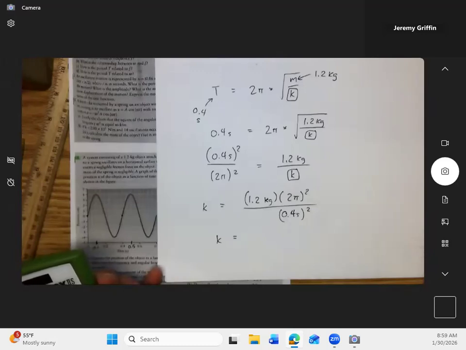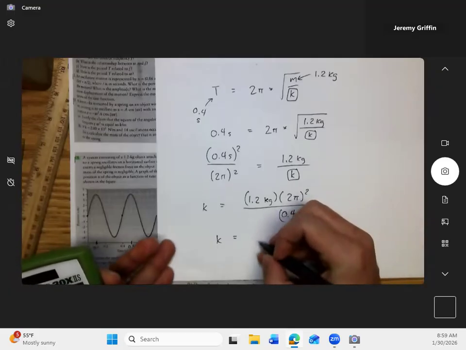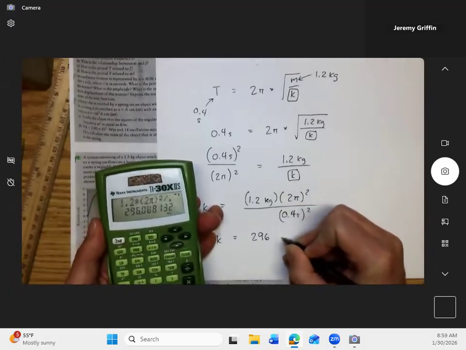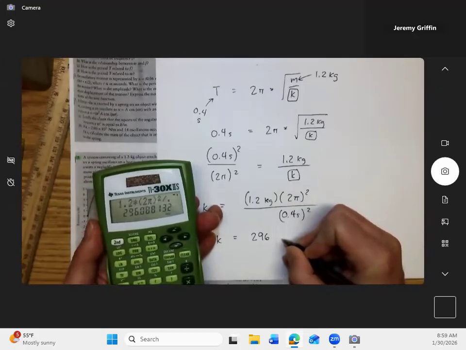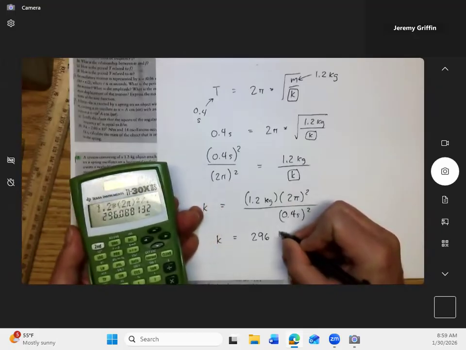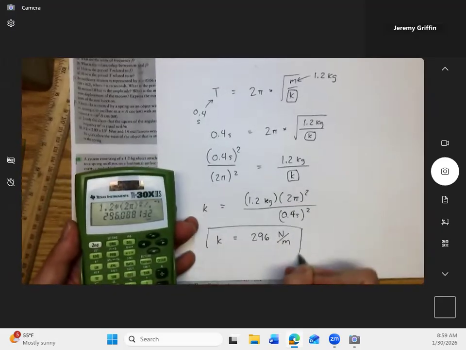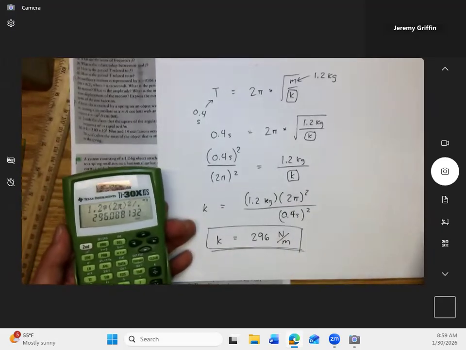Austin, your calculator is on. All right, I got the same thing Gunner's got, which is 296. Well, what's the unit? It's 296 what? Newtons per meter. Yeah, exactly. Spring constant. Right, that could be true.